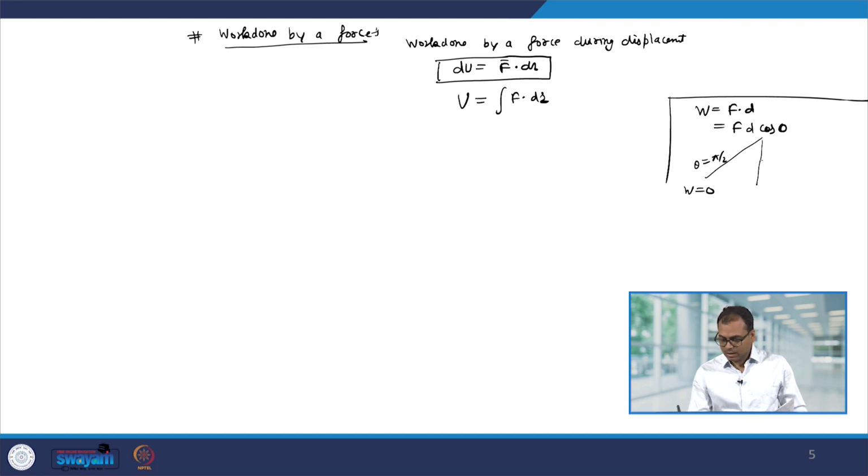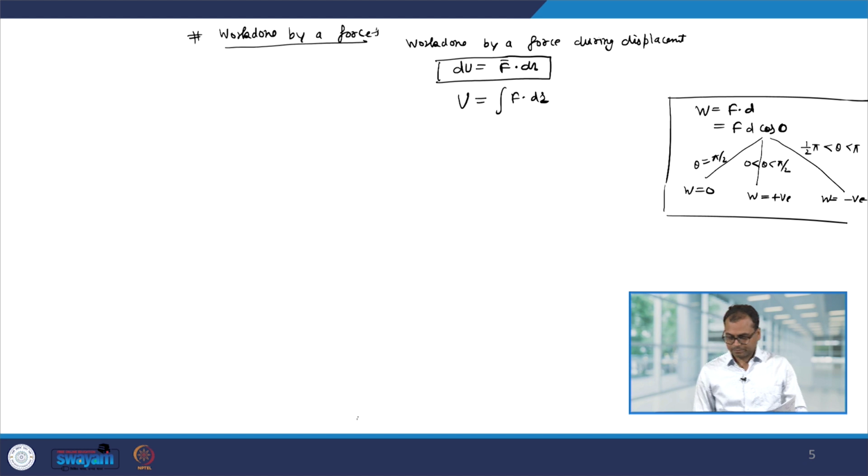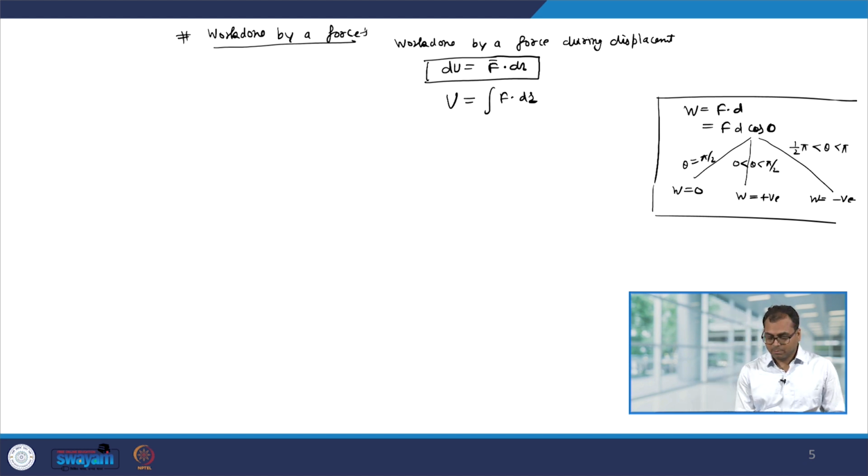If your theta is between 0 to pi by 2, in that case work done is positive, and if your theta is larger than pi by 2 and let us say less than pi, in that case your work done will be negative. Now, let us look at the work done by a couple.